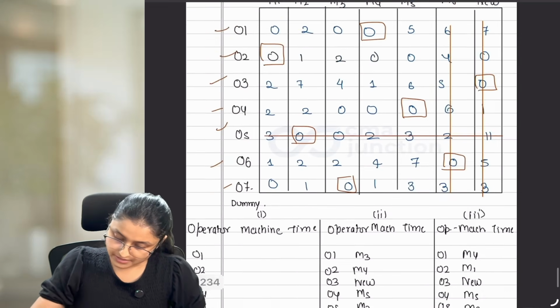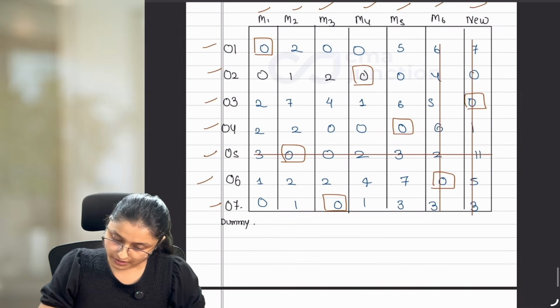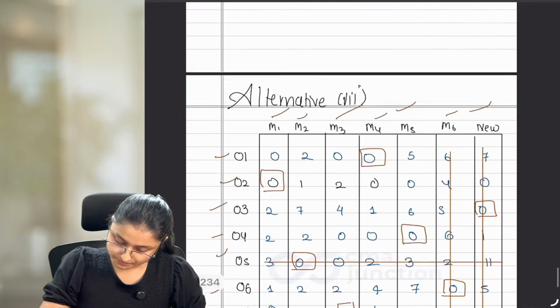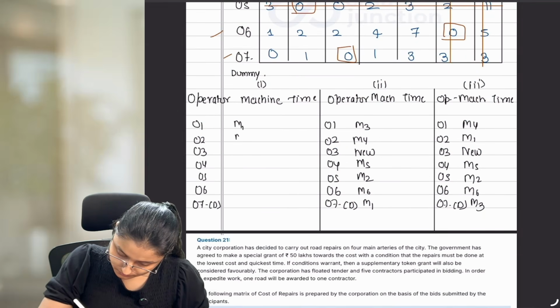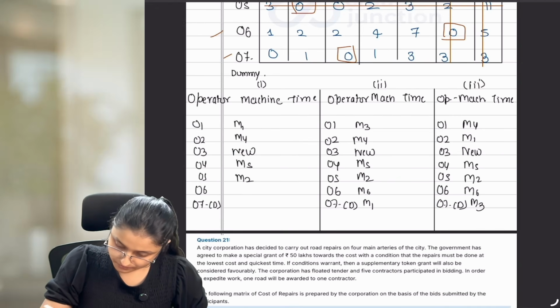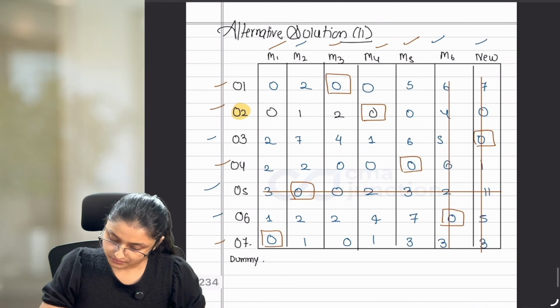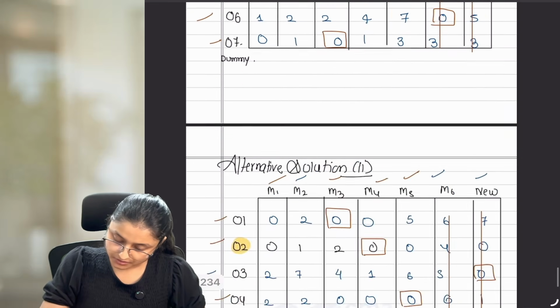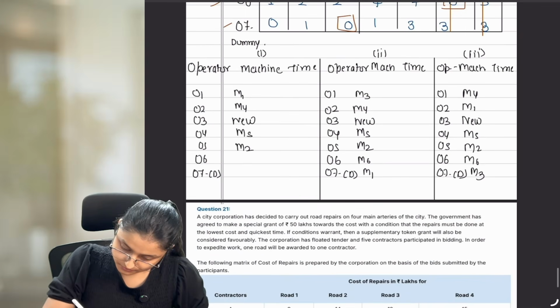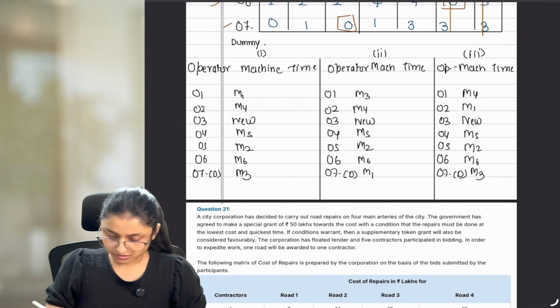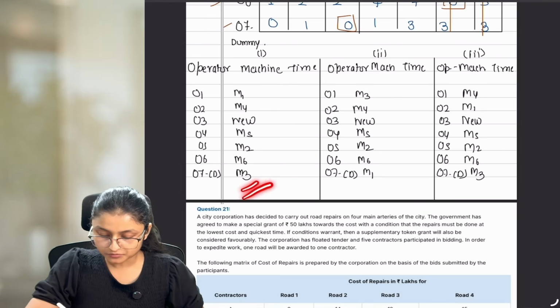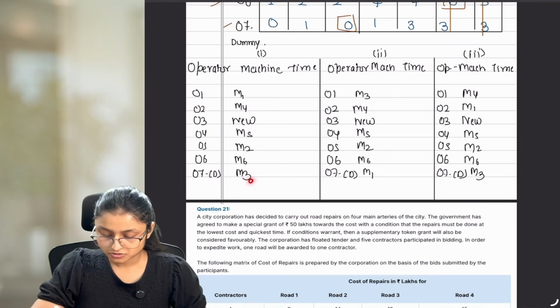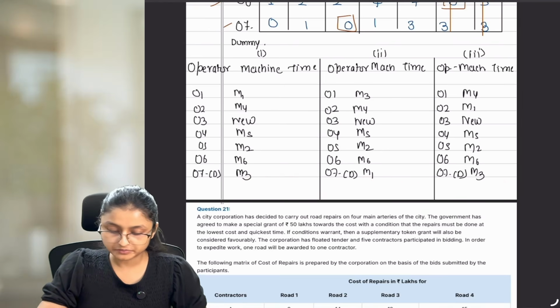Now, the last alternative is M1, M4, new, M5, M2, M6, M1. M6, M3. Okay? Done. In this alternative also we are removing M3. Okay? So out of M1 and M3, any of the machines can be removed.